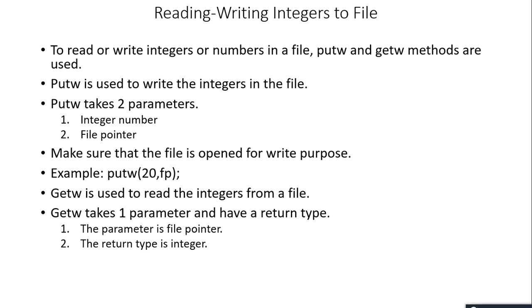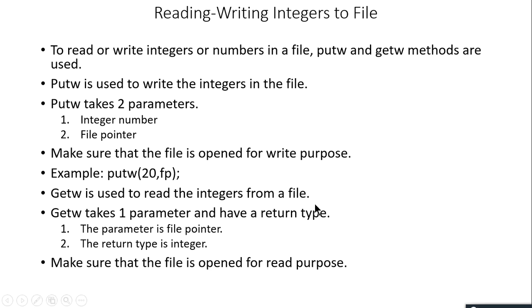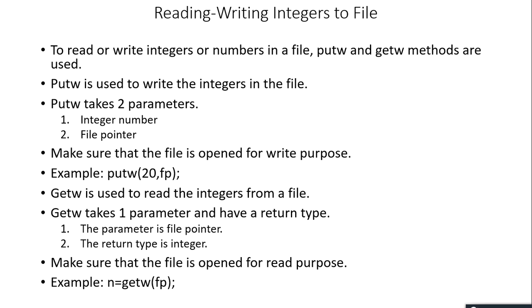You can use getw as well. Getw takes one parameter as input and returns one integer value. During the read operation, you can use getw. Okay. So there you go. This is the example, getw fp. The file pointer will read the contents and put it in the n variable.